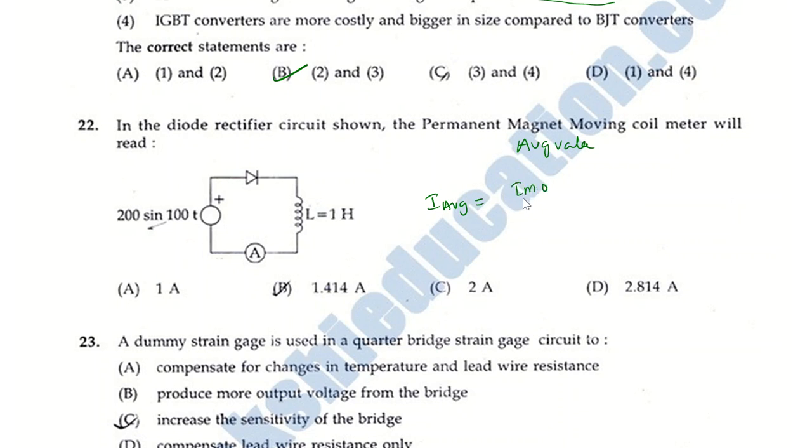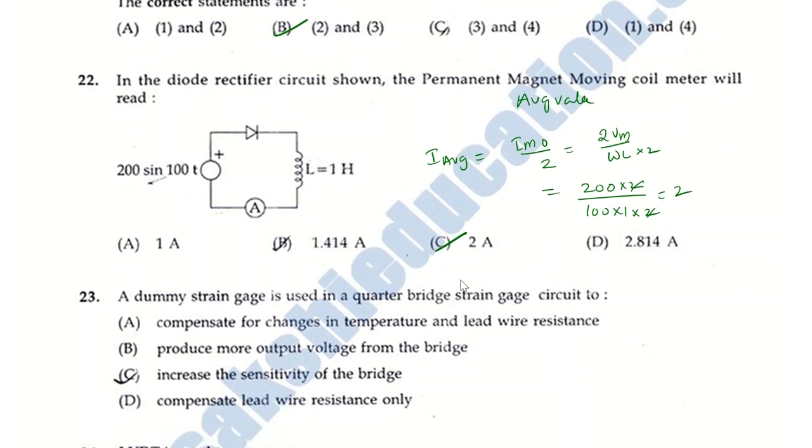What is I maximum? I maximum is 2Vm by omega into L. The maximum value is 200 into 2, omega is 100 into 1, into 2 here. So 2 gets cancelled, and 200 by 100 is simply 2 amps. The answer will be C here.